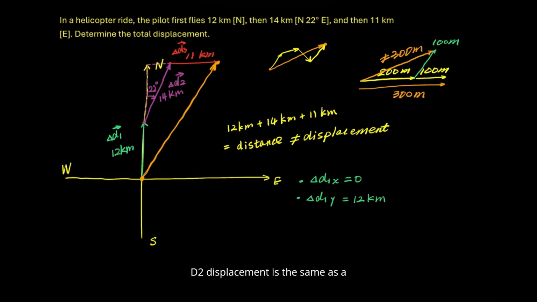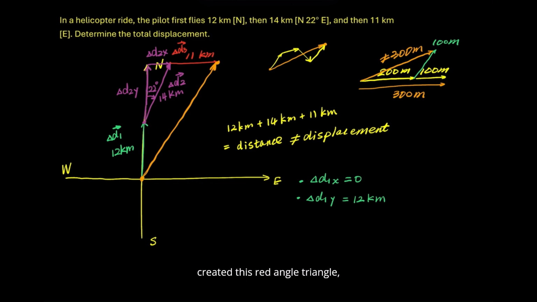The delta D2 displacement is the same as a path that goes vertically north this much, and then horizontally east. So these are the two component vectors of delta D2. The horizontal part of this path is the x component, delta D2x, and the vertical part is the y component, delta D2y.